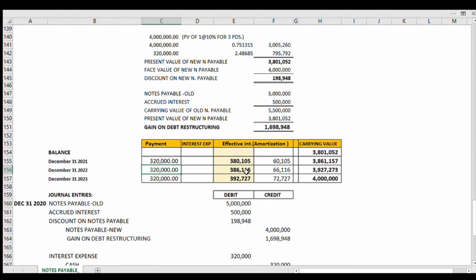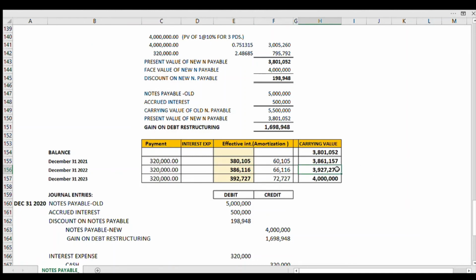And the difference between the effective interest and the nominal interest is 66,116 for the second year, and it's going to be an addition to the carrying amount. Kaya naging 3.927 million siya kasi this amortization is an addition, no? And at the same time, no, merong effective rate of interest and the payment. So, it is the difference between the nominal and the effective rate of interest.